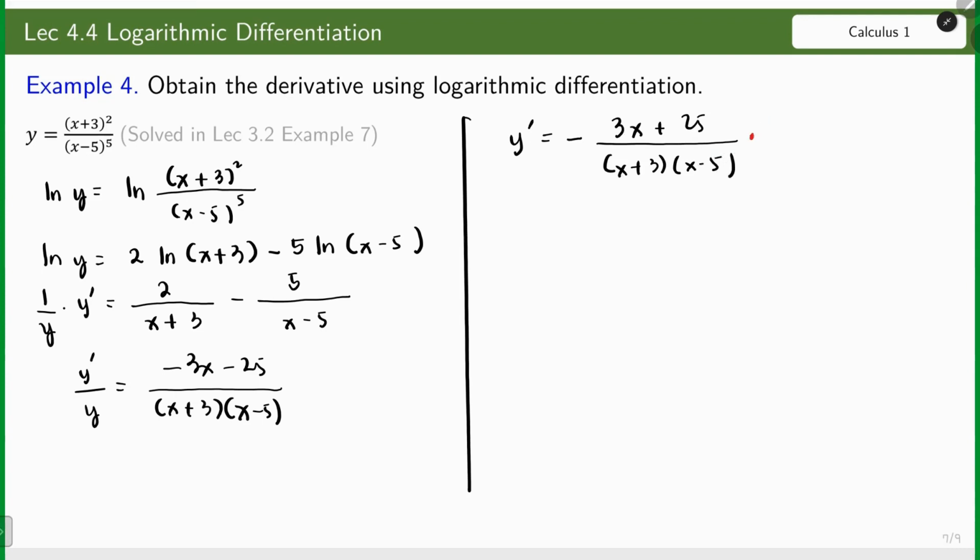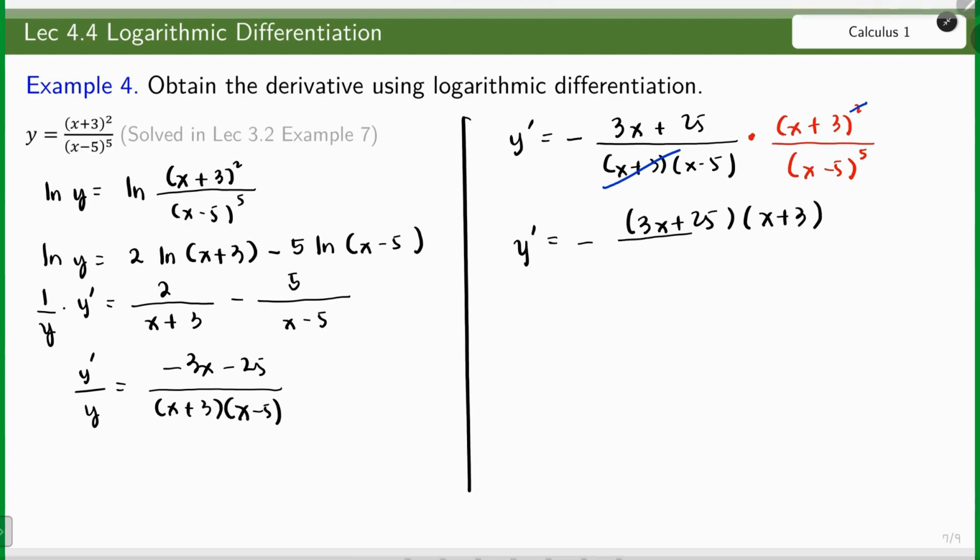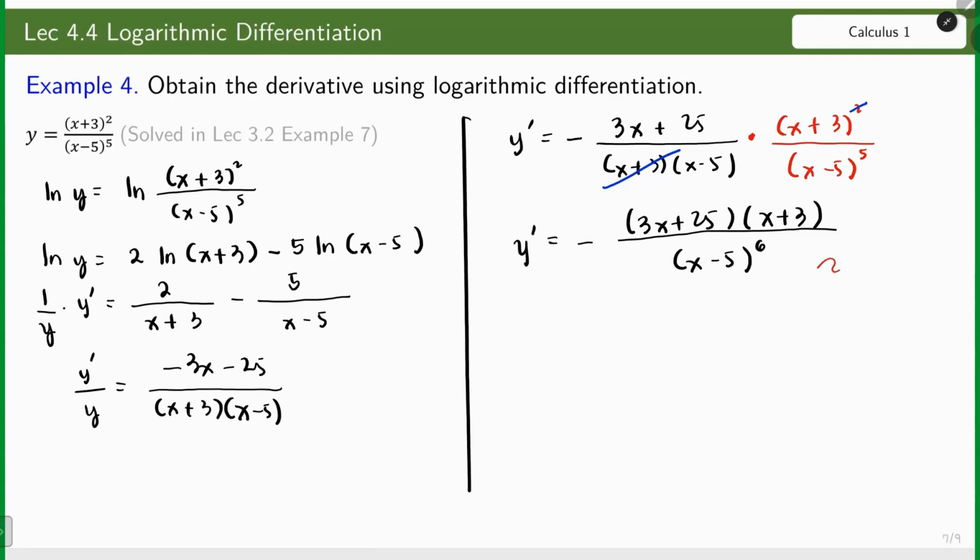Let's multiply the y here. y is the quantity x plus 3 squared over x minus 5 raised to 5. Let's just simplify. So we have negative quantity 3x plus 25 times x plus 3, and then all over x minus 5 raised to 6. This is now our final answer.